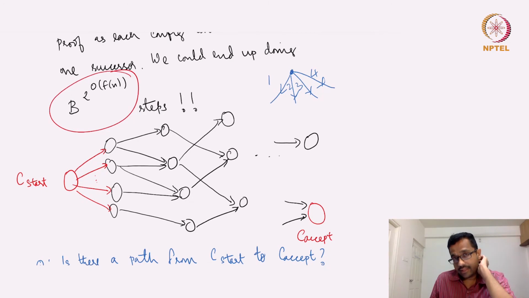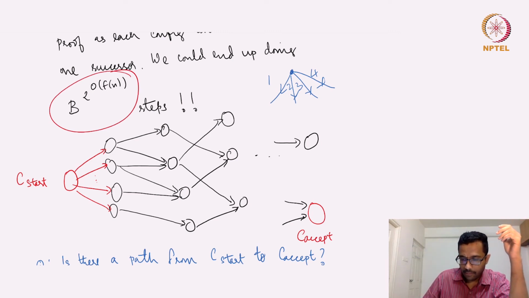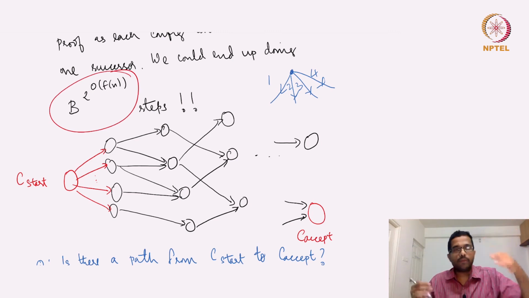Okay, so why is that? That is because the actual number of configurations is simply 2 power order f(n). If we have b power 2 power order f(n) computation paths, it must be the case that many of these paths are reusing the same configuration.